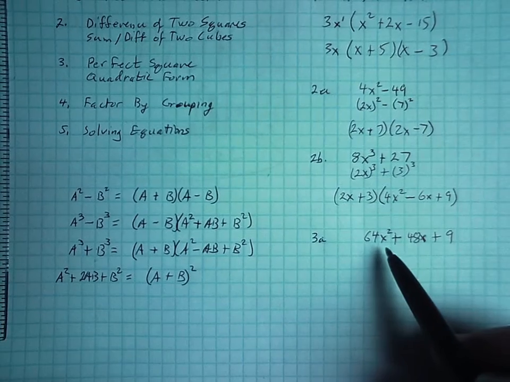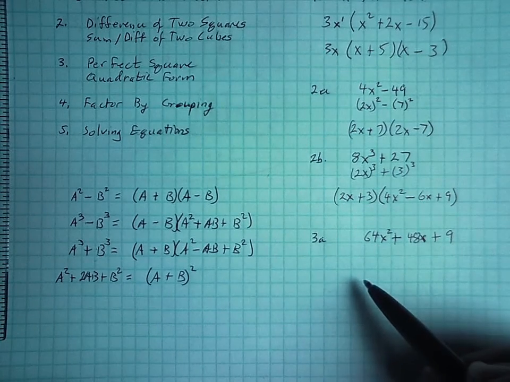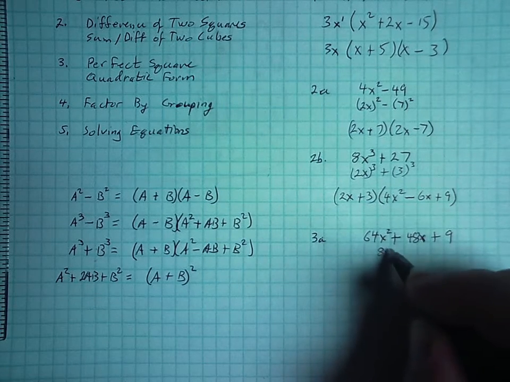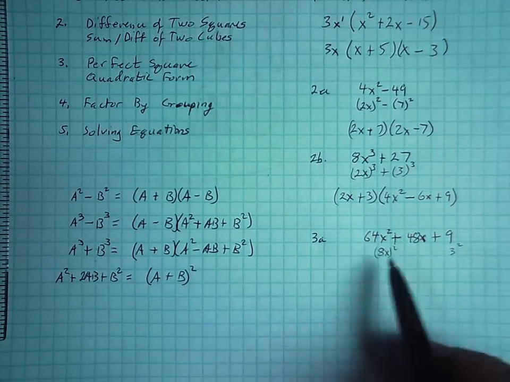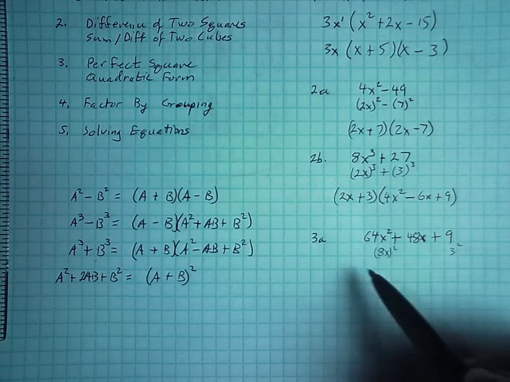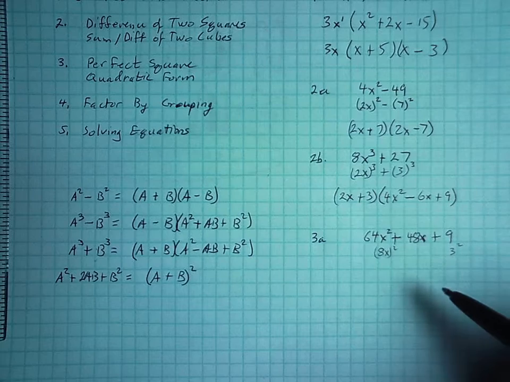But if you're trying to figure out all the different possible combinations that multiply to 64, you're going to get frustrated very quickly. Whereas recognizing this is 8x squared, and this is 3 squared, and then checking the middle to make sure it fits the pattern is much less work than trying to figure out how to split 64 up.